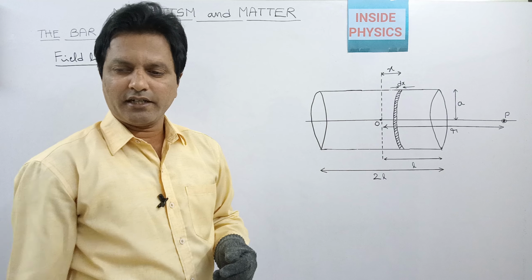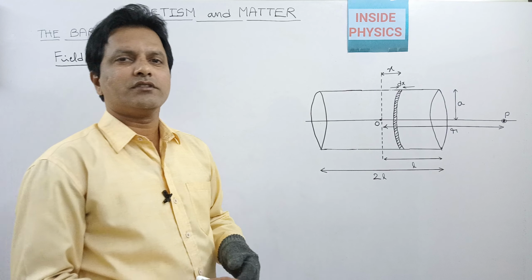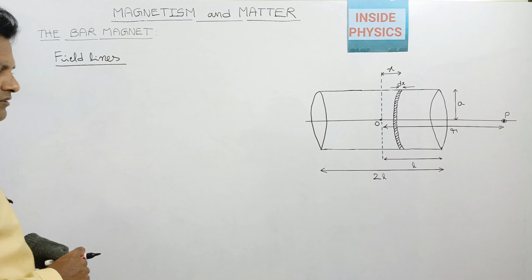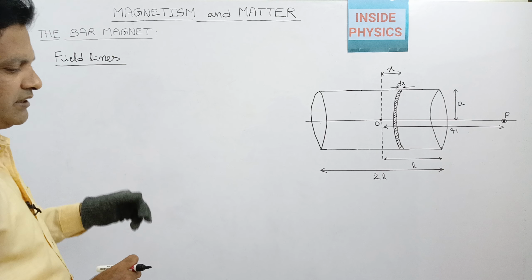Unlike the electrostatic lines of force, these are not called magnetic lines of force. These are called magnetic field lines.